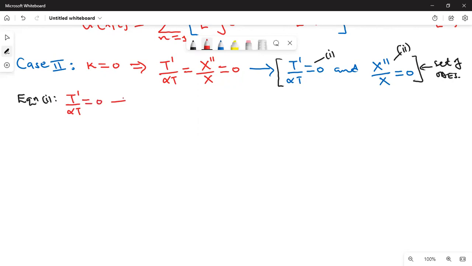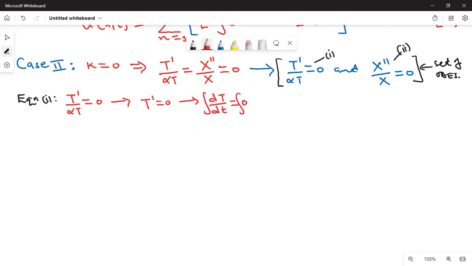And when you cross multiply, you get T prime is equal to 0. Remember, this is the same as the derivative with respect to t, dT over dt is equal to 0. So integrate both sides.